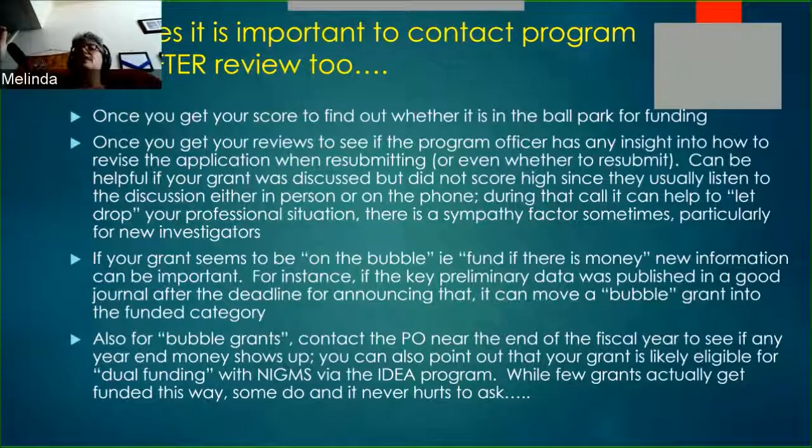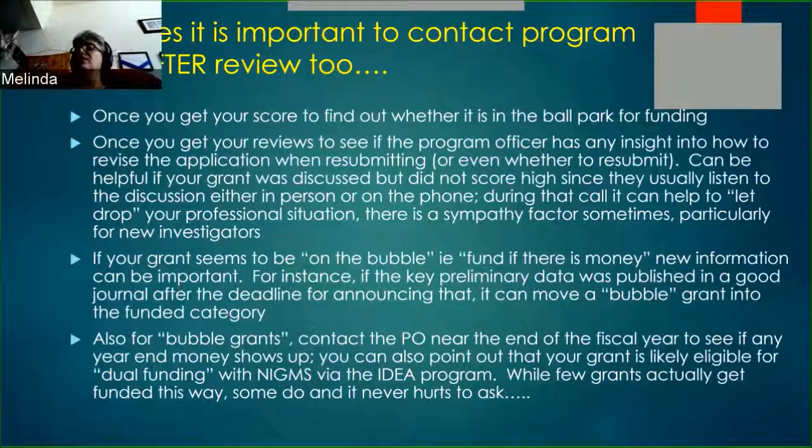Another case where I've seen this really help, if your grant is in the on the bubble, fund-if-there's-money category, is that let's say you publish a very good paper with the preliminary data in the grant between the time it was submitted and the time that it's up for funding. I actually personally had a case where I'm sure that this helped. I had a grant that was on the funding line.